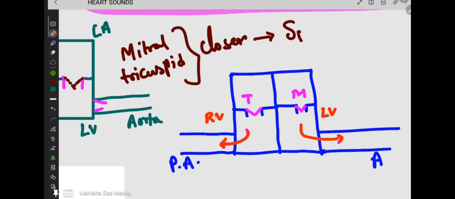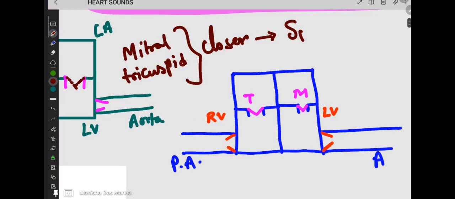For the movement of blood, one thing is important: the opening of the semilunar valves.